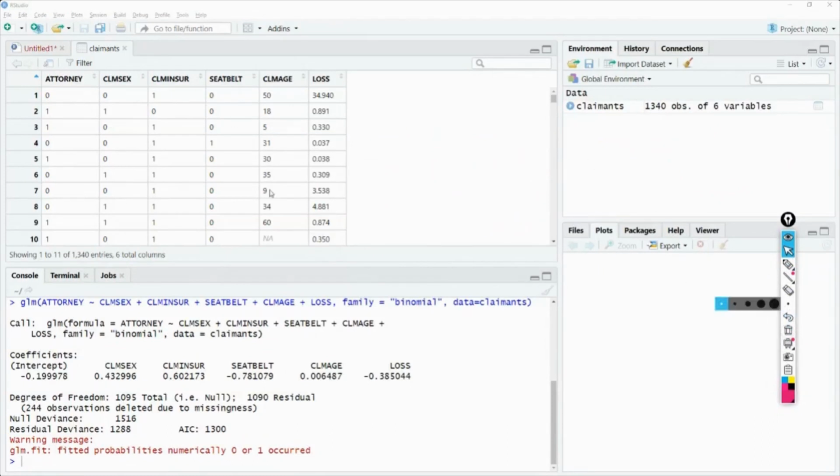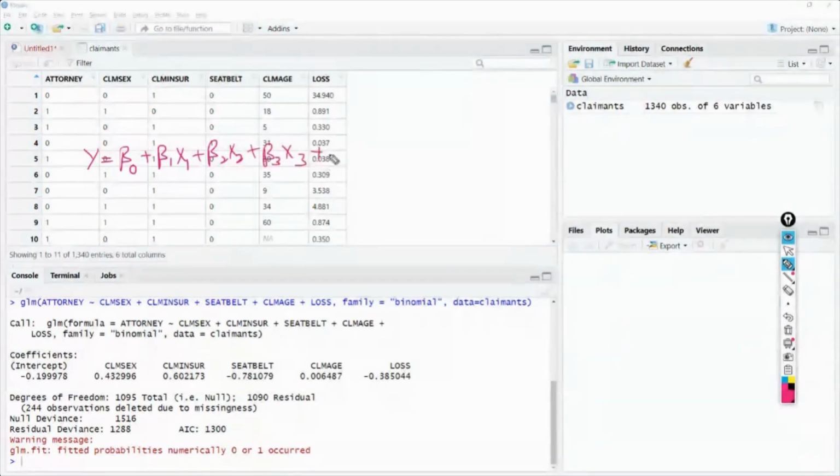Wonderful. The same thing, I'm going to write it here. y is equal to beta naught plus beta 1 x1 plus beta 2 x2 plus beta 3 x3 plus beta 4 x4 plus beta 5 x5. You have 5 inputs.